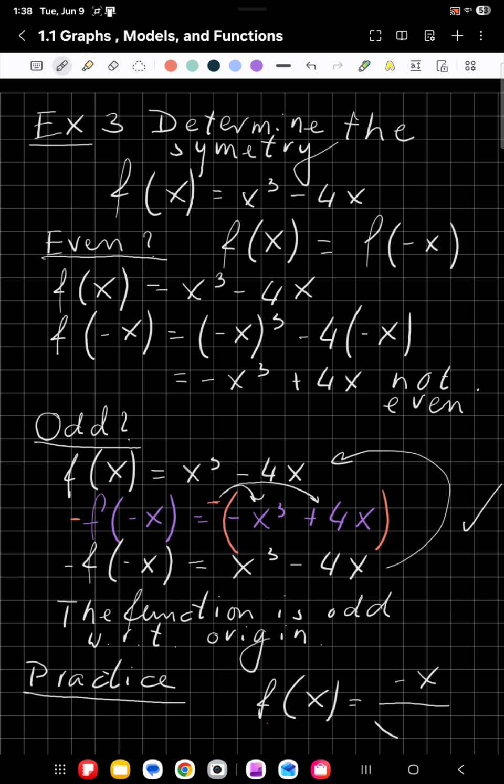What can we do? How about x squared plus 1? Okay, so check. Yeah, so this is also a function, right? So you don't need to check whether this is symmetrical with respect to x-axis. Just check whether the function is even, maybe check this first, right? And then check whether the function is odd.